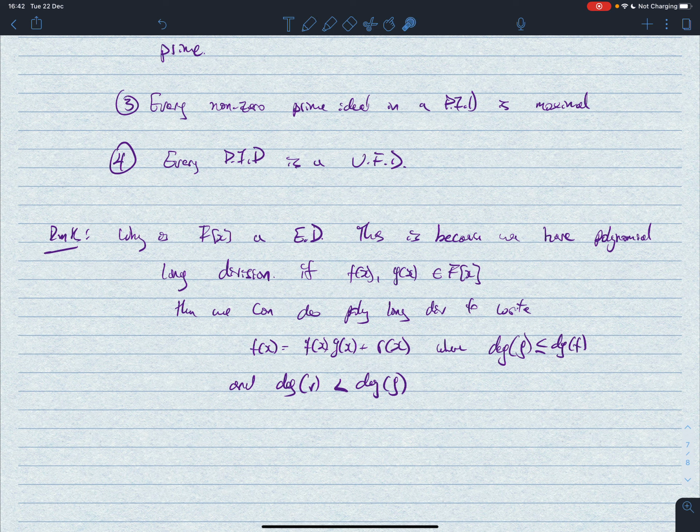So this is important, that it's strict here. But if I have, say, two polynomials of degree 4, I can divide one by the other. This is my quotient, okay, and this is my remainder, this is the r.